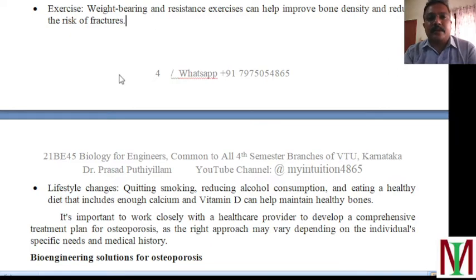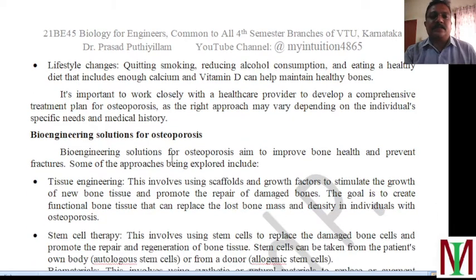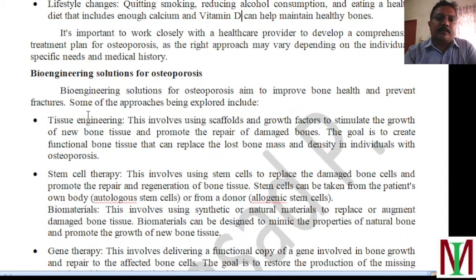Exercise, weight bearing and resistance exercise, means small exercises always make the bone density high. Lifestyle changes: quitting smoking, reducing alcohol consumption, eating a healthy diet which includes calcium and vitamin D also helps.